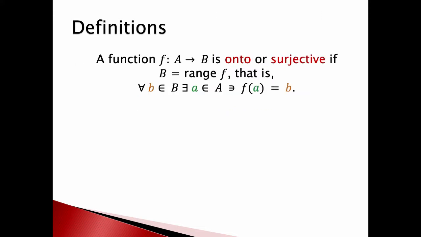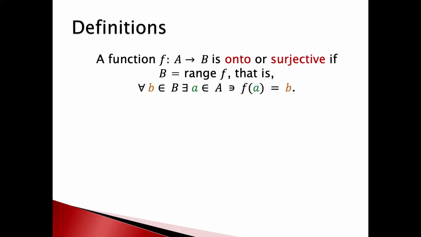Okay, well, you may have seen that horizontal line I just drew there as a test for telling whether something is one to one or whether something is onto, and these sorts of words from back in high school algebra. So our definition of one to one and onto will be this: a function is onto, or a nice French sounding word, surjective, if that B is actually equal to the range of f.